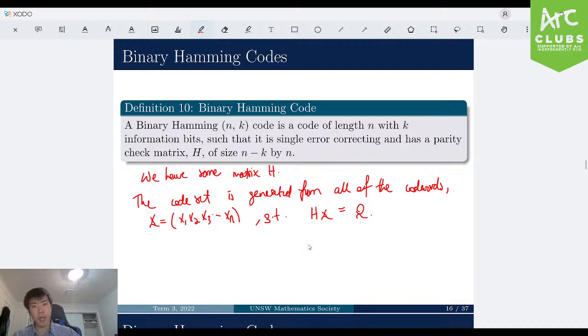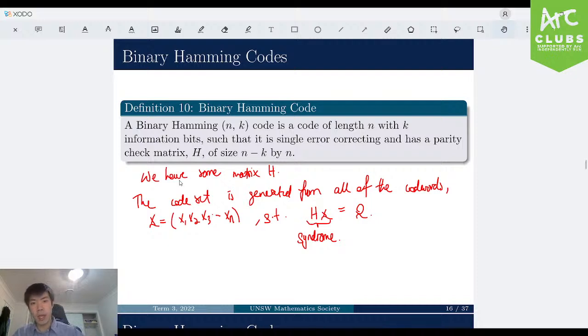Okay? And this thing here is also commonly called the syndrome. So the code set will just be all of the code words such that when you take the syndrome with respect to our parity check matrix H, you get the 0 vector back, right? This is just by definition, okay?